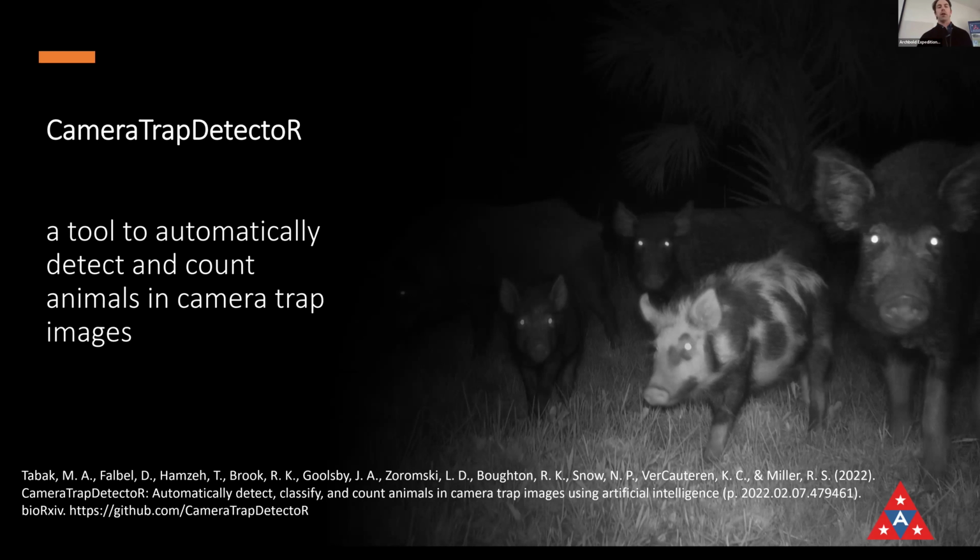So 3 different models. You also want to be able to count the number of individuals in an image. And then finally, the third major objective was to be able to smoothly and accurately apply those models to out of sample images. What I mean by out of sample, I'll explain in a bit. I've included the citation here for the paper that backs up the camera trap detector, which is the name of this model that we're using.